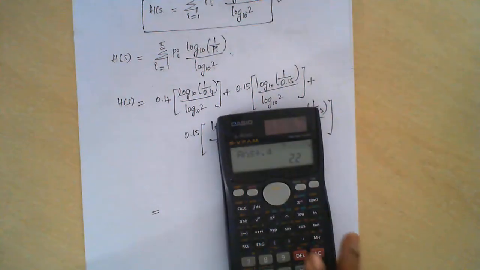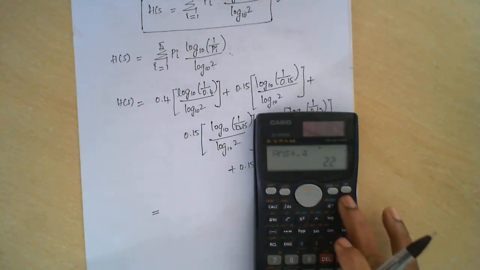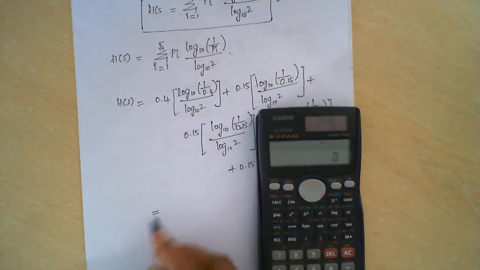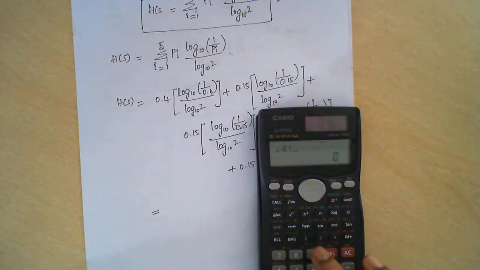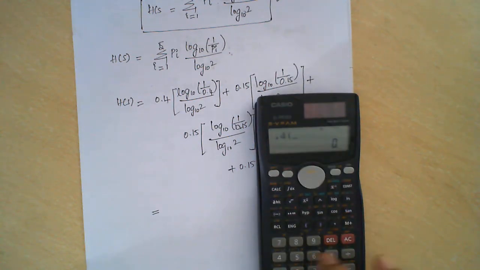Now using the calculator, I'll show you how to calculate this. This is 0.4. So press 0.4. Open the braces. First go with the log value.